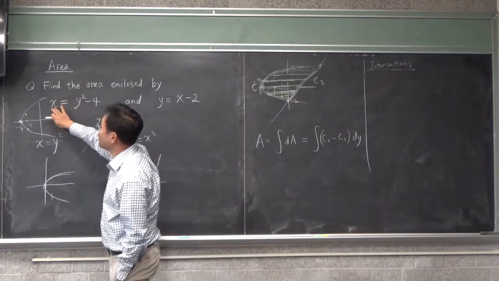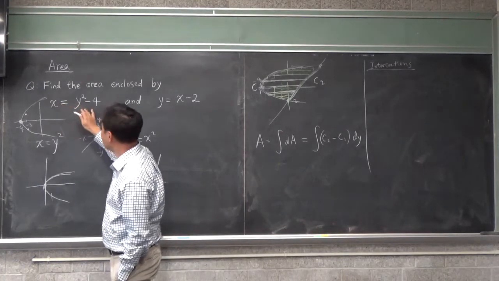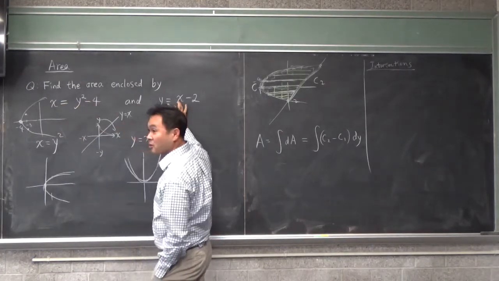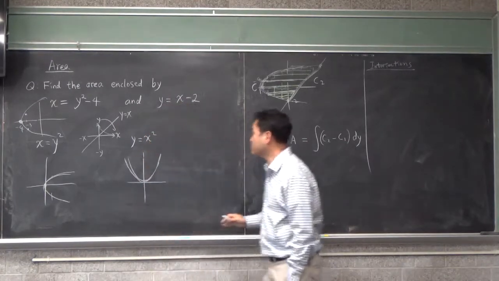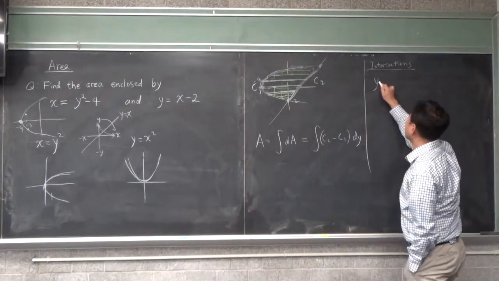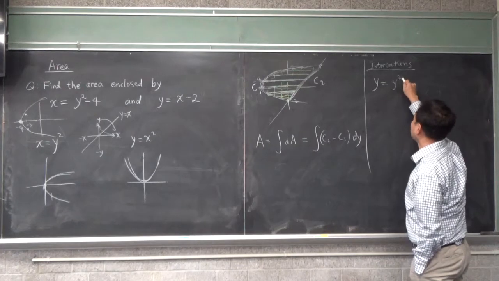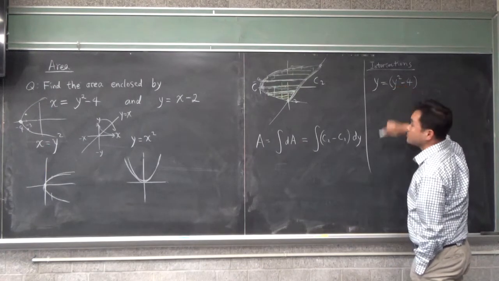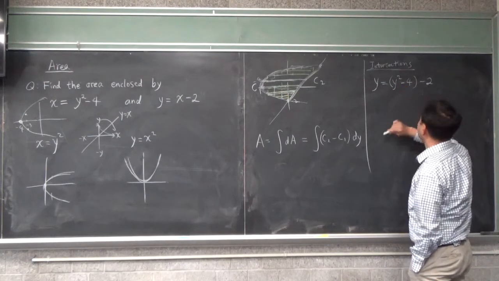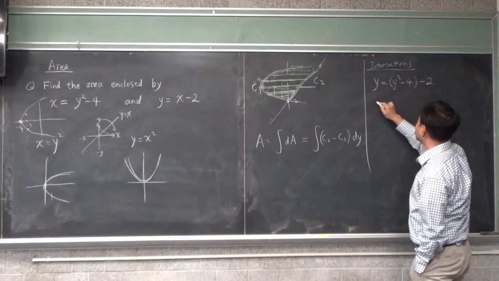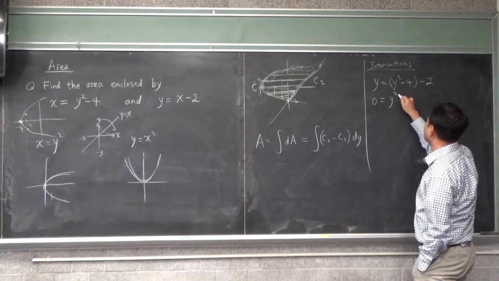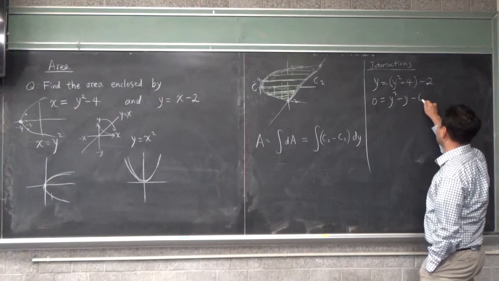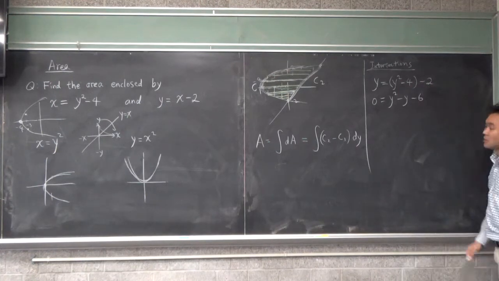Since you already have it solved for x, you just plug this into the other one, and that's how you solve it. So you have y equals y squared minus 4 minus 2. Then subtract y from both sides, and you get 0 equals y squared minus y minus 6, because negative 4 minus 2 is negative 6.